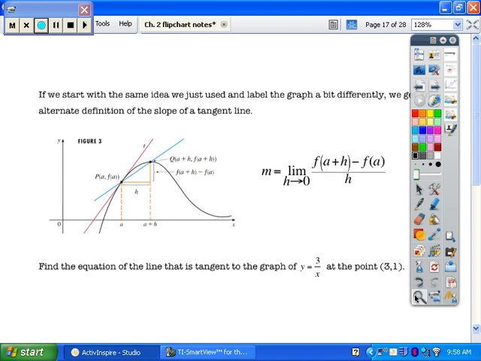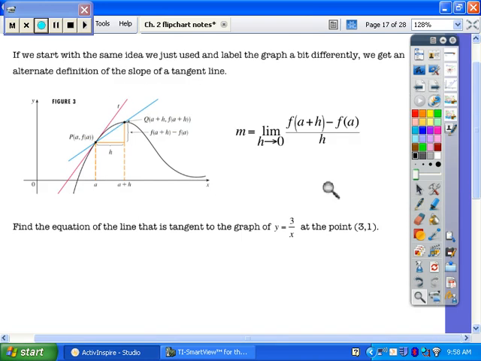So this kind of goes back and talks a little bit more about a different way to look at this idea. If I have a curve again, this time I start at A. And at that point, I have A comma f of A. That's just the general ordered pair on the curve. Well, this time, let's move over a distance of h.